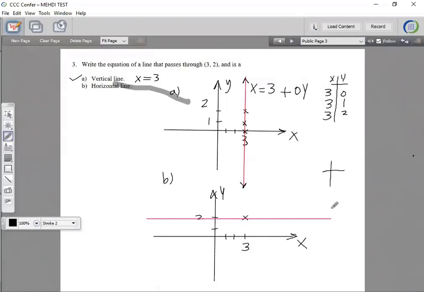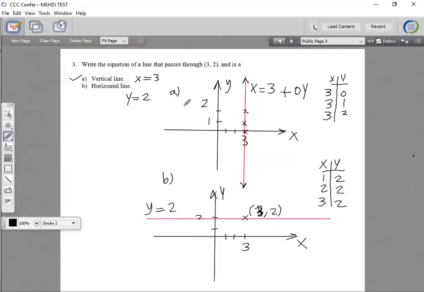If I look at my chart here, whatever I substitute for x, I can let x equal 1, 2, 3, whatever, y would always be equal to 2. So the equation is y is equal to 2. That is the equation of the horizontal line that passes through the point (3, 2).